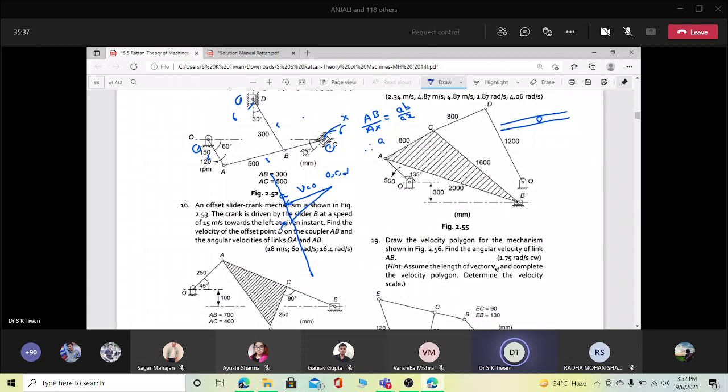Therefore, ab will be equivalent to AB by AX into ax. AB आप डिस्टेंस मेजर कर सकते हो? Yes, sir. कर सकते हो ना? तो आपको जो ये आएगा वो A से डिस्टेंस आएगा. सॉरी, नहीं, मुझे क्या निकालना था? ab निकालना था. सॉरी, मुझे ab निकालना था.